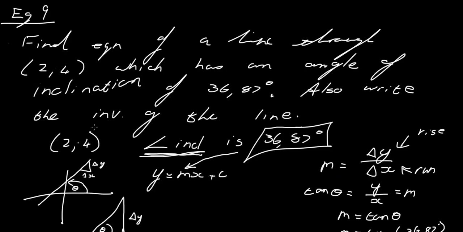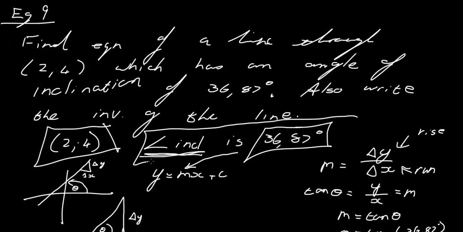Now, they've also given you a point. So basically, they've given you a point and they've given you a gradient. So what is the best form to use? Well, you've got the gradient form, y equals mx plus c. We've got m. We don't have c. We've been given a point.